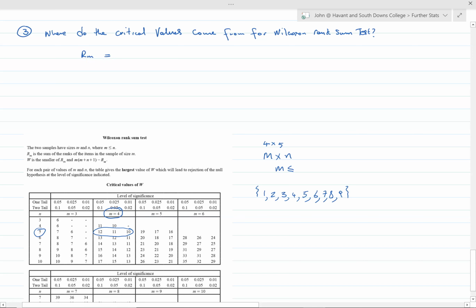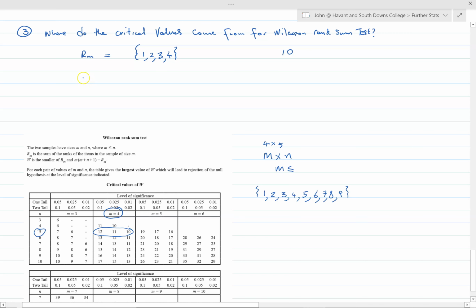So if all of the smaller numbers are in the smaller group of 4, that's the smallest RM value we can get, which corresponds to 10.